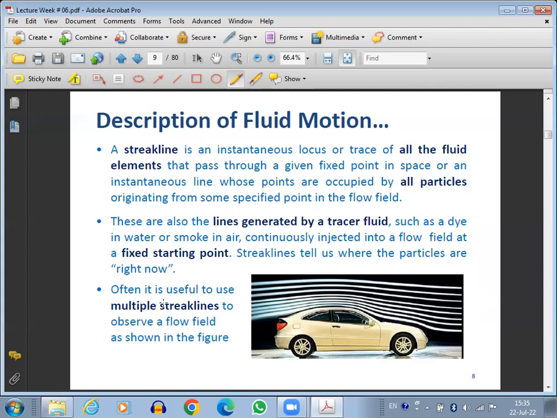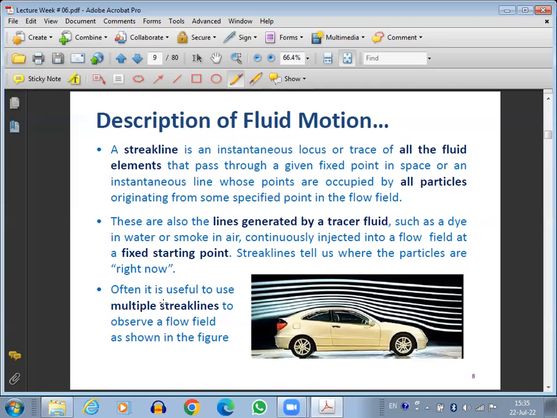I can see the fluid, but there are no lines visible. And if there is no specific turbulence, then sometimes it becomes almost impossible to judge where the fluid is flowing. So what you do is take an ink pen and put the pen in the fluid. The pen stays in one place, but as the fluid flows through the pen, it is going to take the ink with it, and the ink line will be formed.